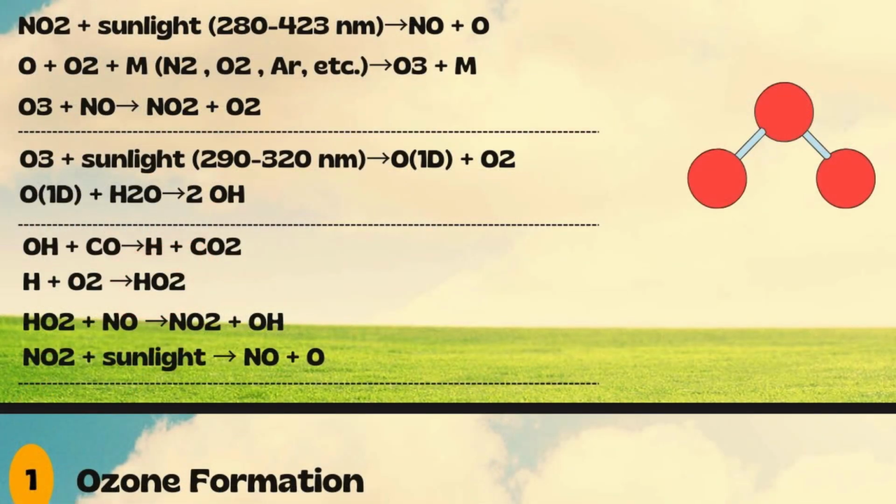So the hydroperoxy radical produced here reacts with nitric oxide to produce NO2 and hydroxyl. This NO2 then again in the presence of sunlight produces NO and O. So we can say that as a result of NO2 production and in the presence of sunlight, again the ozone is formed by reaction number 2.